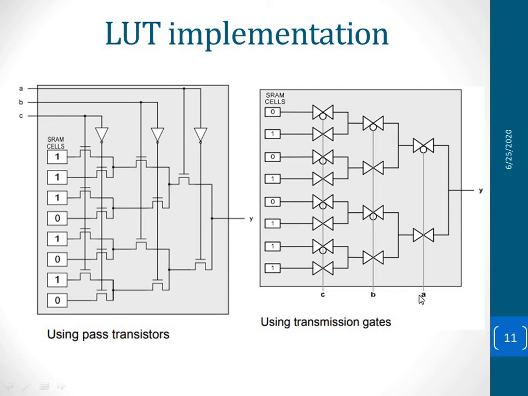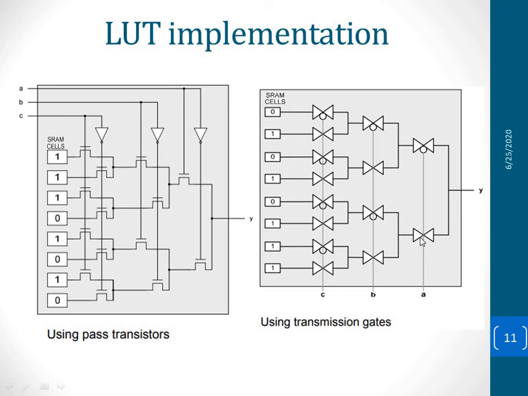So here also you can see when all the three are 0, the ones with the bubbles or small circles should be activated, because for a low control signal, the bubble side or the C bar side will be activated.